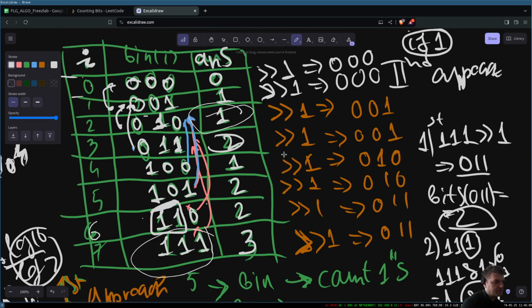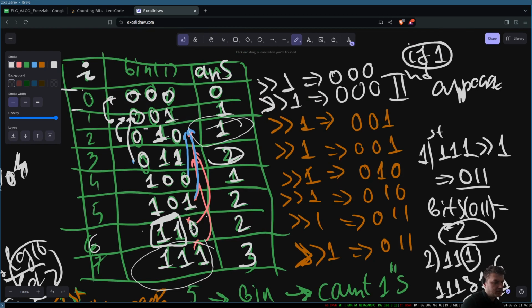I and 1 is going to be 0 because the lowest bit is 0, and the number of bits for the higher bits is going to be 2. So the result is 2.